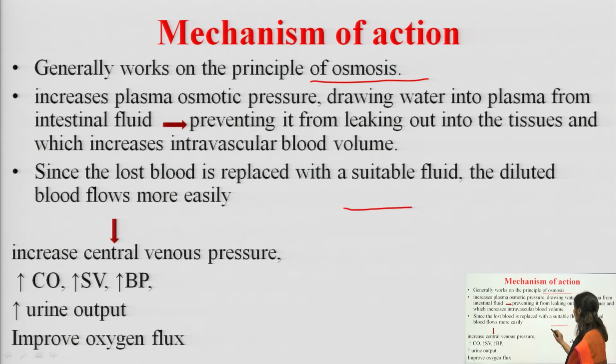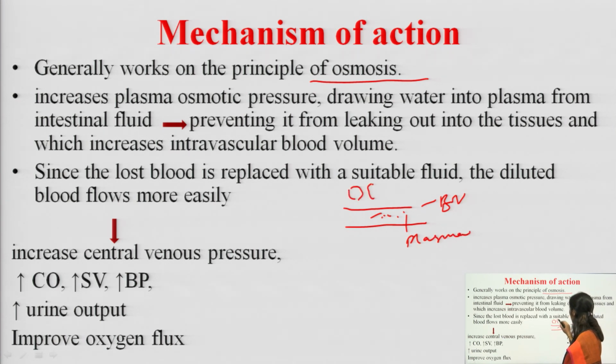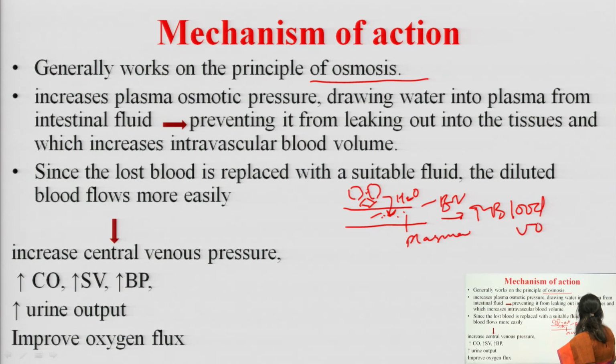They draw water, this is the blood vessel, this is the plasma present inside, and these are the interstitial spaces, that is the interstitial fluid, the fluid present outside the cell. So, because of osmosis, water will enter inside the blood vessel and that will result in an increase in blood volume.